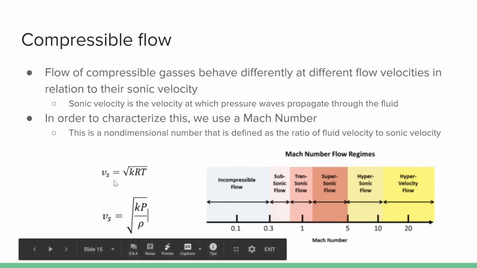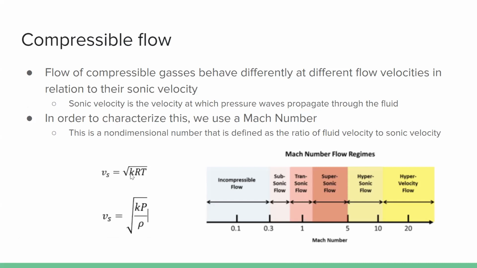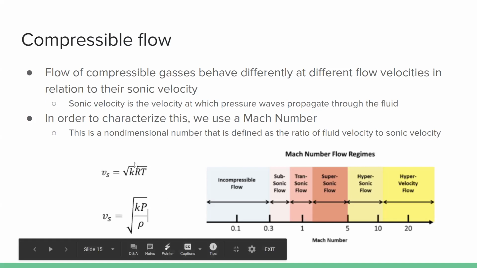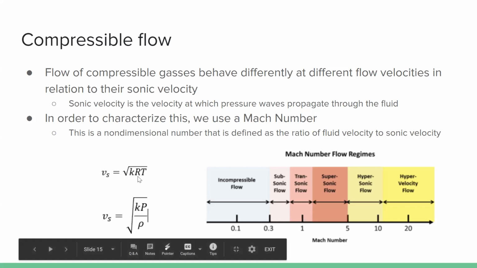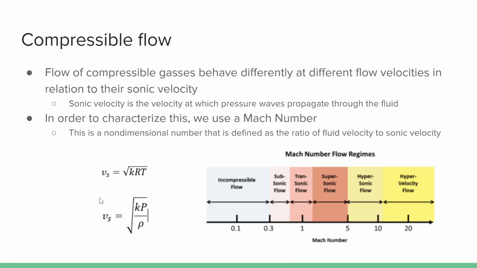So we call it sonic velocity. Here's two different ways of calculating it. Both are fairly similar. I think you just use the ideal gas law to rearrange some variables. So square root of K, the specific heat ratio, R, the specific gas constant, and the fluid's temperature.